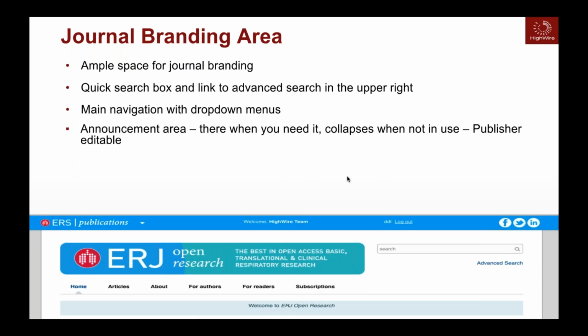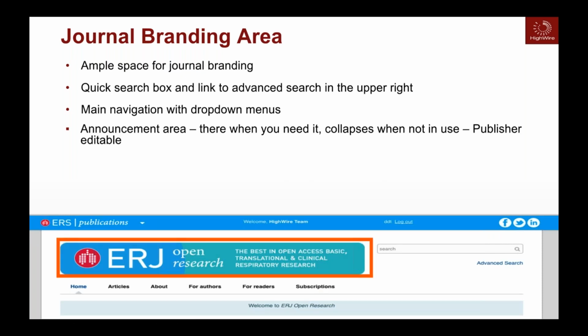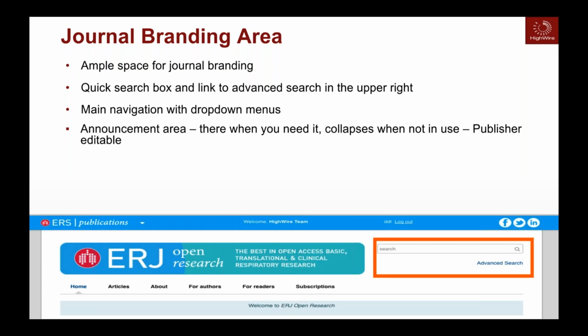Our branding area has lots of room for branding, as you can see from our examples for BMJ and Science. Even on the basic side, we have very large, optimized logos, and it gives the look and feel of the publisher. We have a quick search box right there at the top that's always available so you can find what you're looking for.